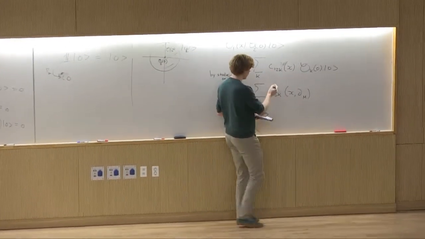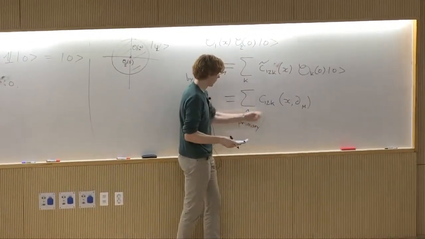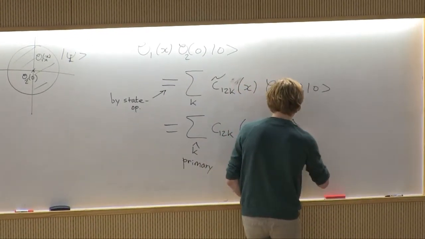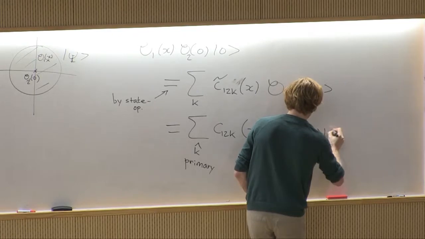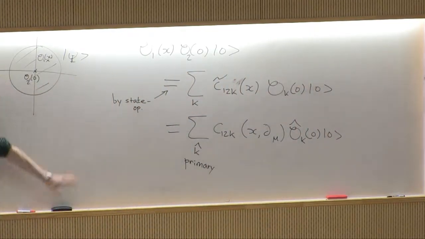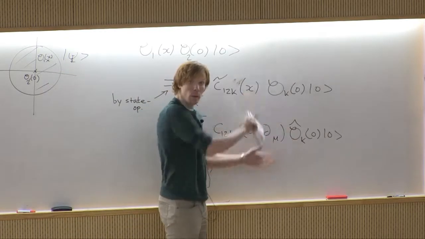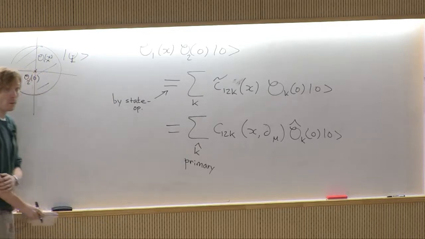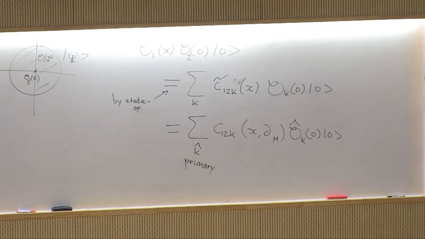These are different CKs, so let me add a tilde to the first one. I don't want to carry the tilde around. And then I have a primary operator. Right? I haven't done anything. I've just grouped all the operators into the representation of the conformal algebra, and I've adjusted the sum accordingly.